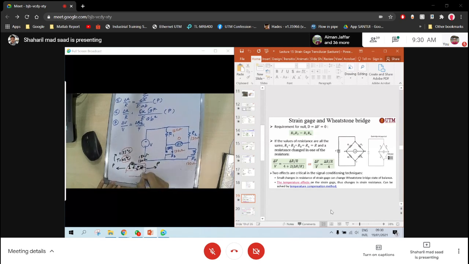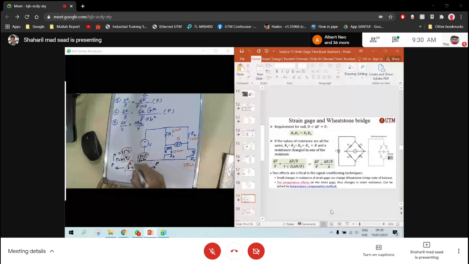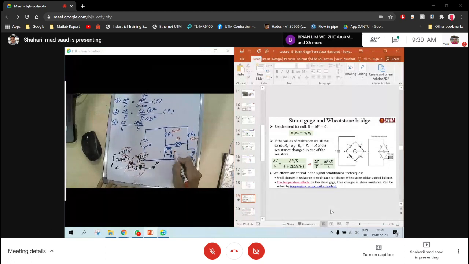So this strain gauge will change to 130 ohm, and this one also changes to 130 ohm. So if you see that, delta V will remain 0, it will remain balanced.